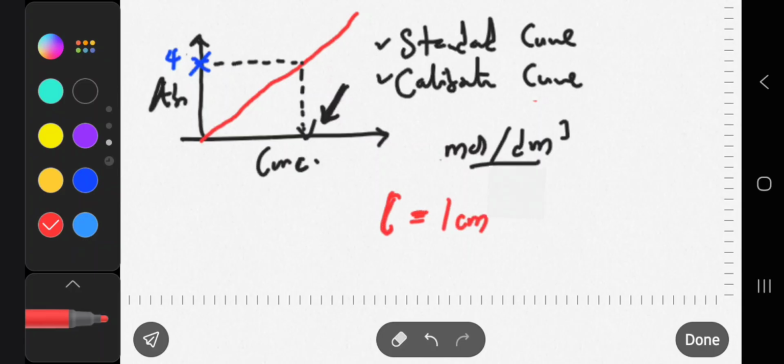Okay, so if you're given the concentration and the absorbance, that means you have the relationship A equals epsilon C l. For example, you know the absorbance, you know the concentration, and you know the path length.